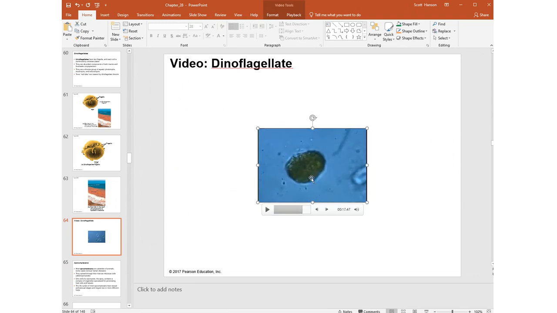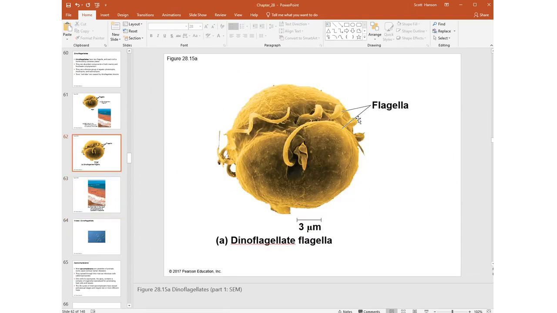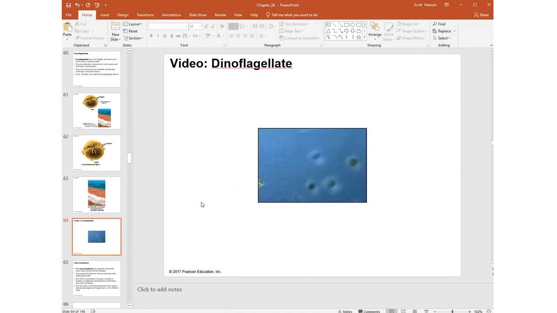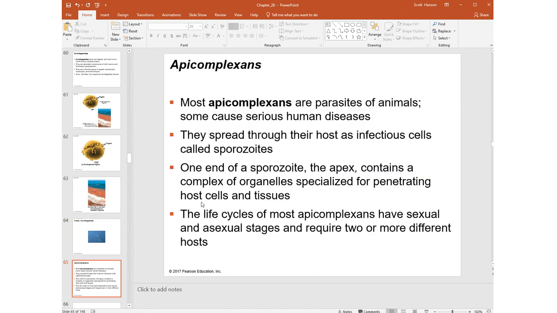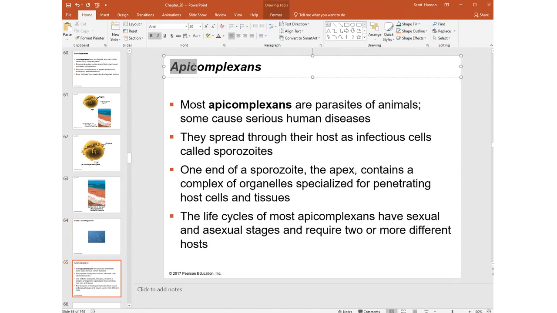You can see a groove near the middle, or the equator, of the cell, and up here is what that groove looks like, really clearly presented in a scanning electron microscope photograph. So good videos. Now let's look a little bit at the apicomplexans, another type of alveolate.